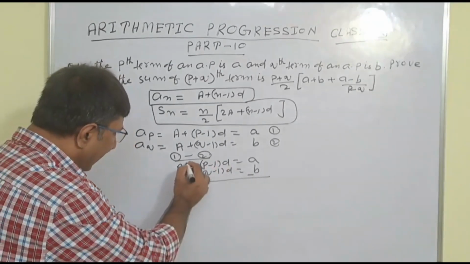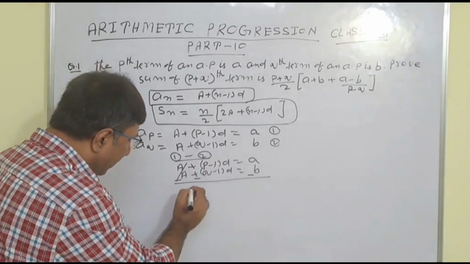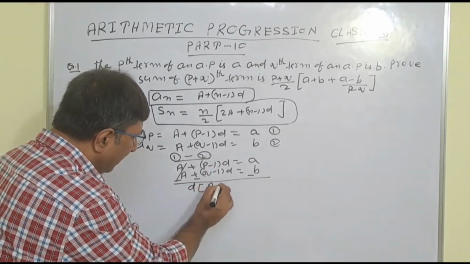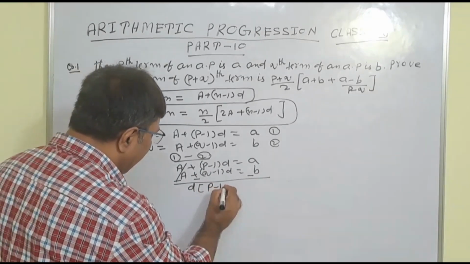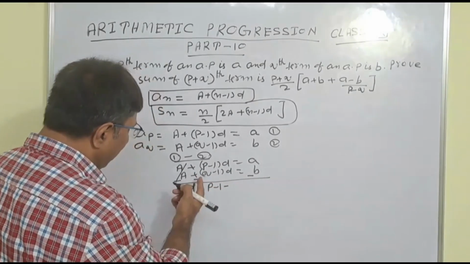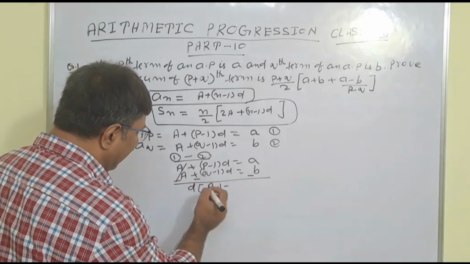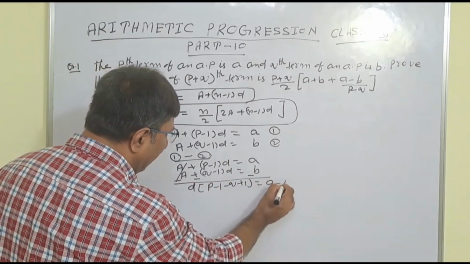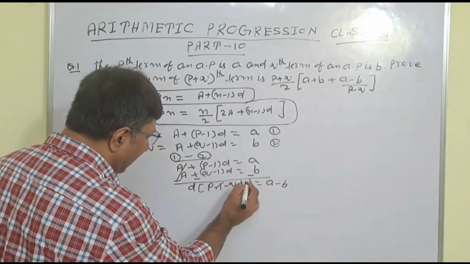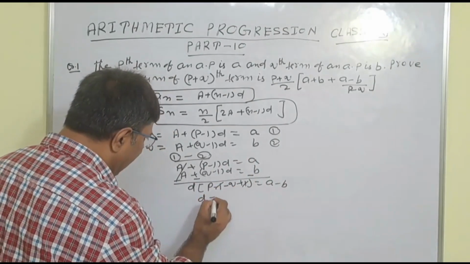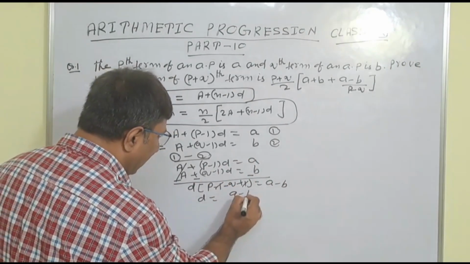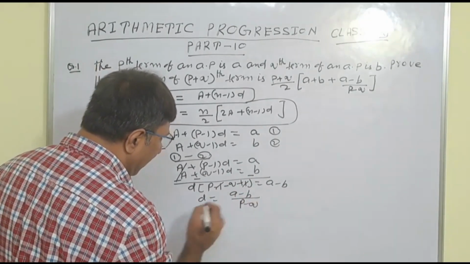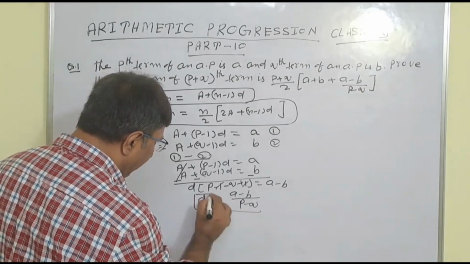So a and a cancel out. We will take d common, so we get (p minus 1) minus (q minus 1), and this equals a minus b. So the 1 and the 1 cancel out, and we can find d equal to (a minus b) divided by (p minus q). This is the value of d.